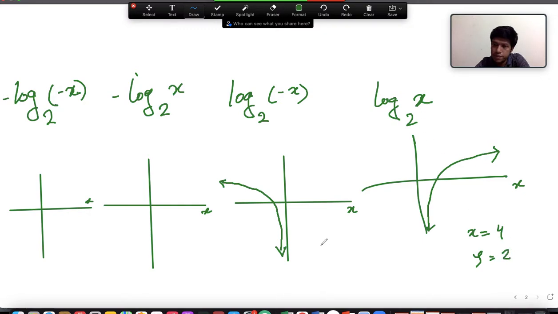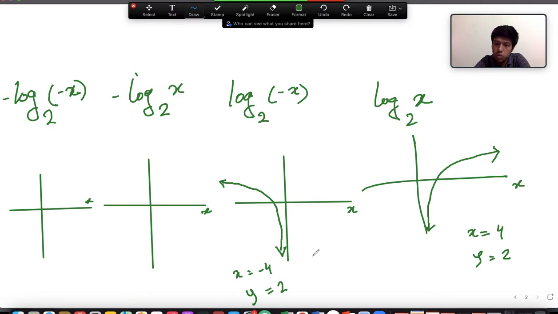Answer was 2. Here, you cannot put 4 here. You have to put minus 4 because there is a minus here. So here, you will have to put x equals to minus 4. If you put x equals to minus 4, then your y will come as 2, plus 2.